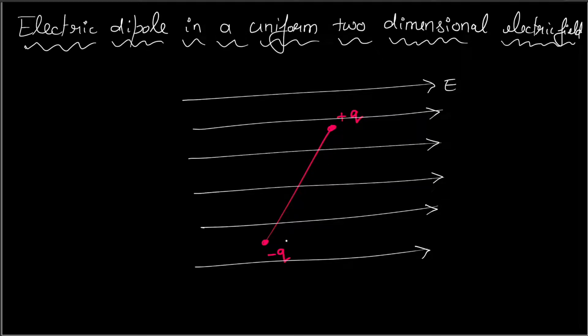And dipole is nothing but two equal and opposite charges separated by some small distance, and we generally take this distance as 2a. In this topic we are going to find out the torque, because when a charge is in the electric field, it experiences a force.